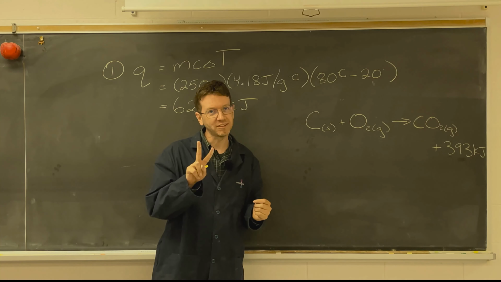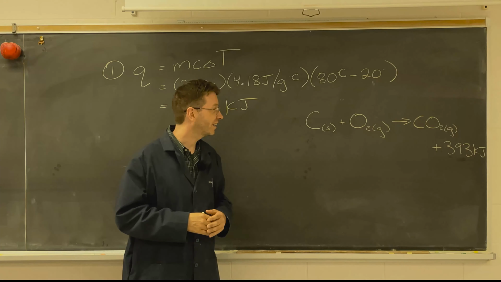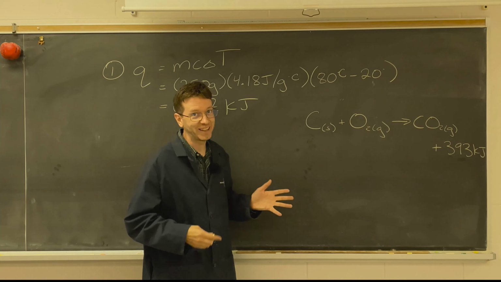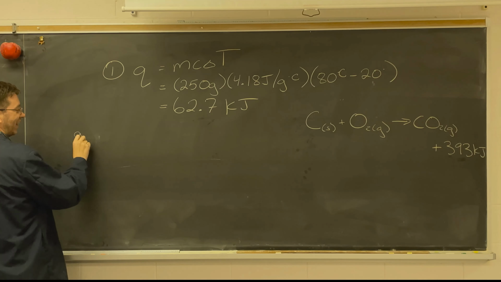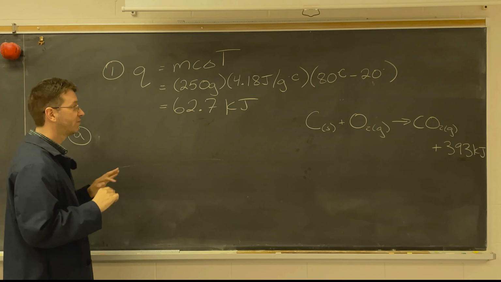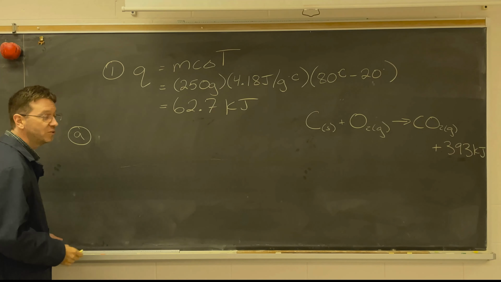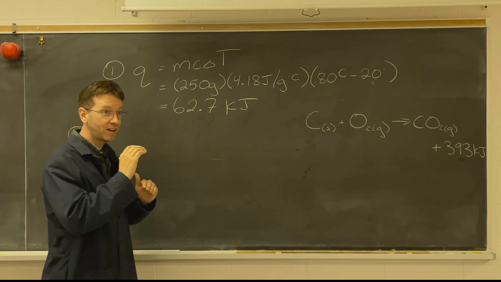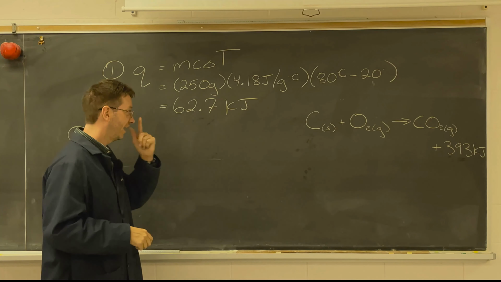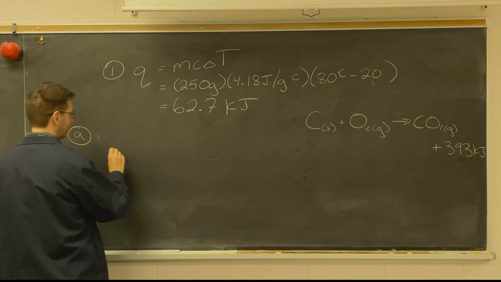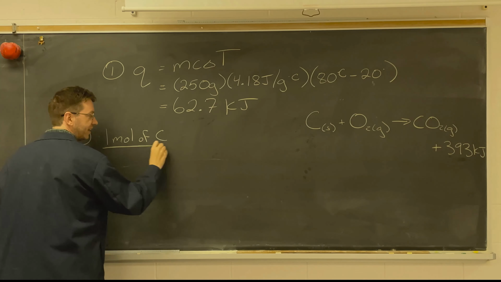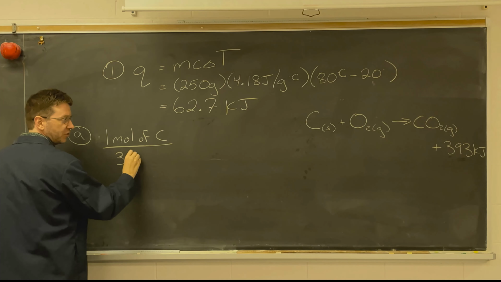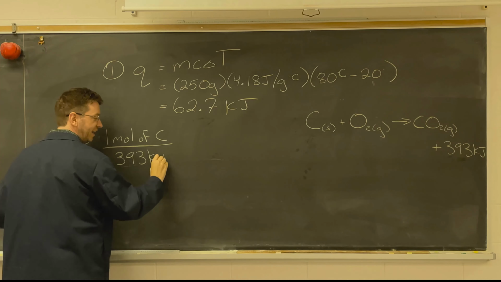There's 2 ways that we can figure this out. The grade 11s like the first way because they're so used to stoichiometry. So let's call this method A for step 2. We could use stoichiometry and create our stoichiometric ratios. And if we do that, we can have, say, 1 mole of carbon gives us 393 kilojoules of energy.